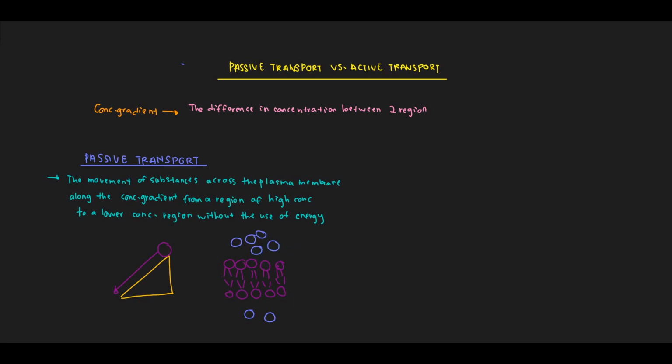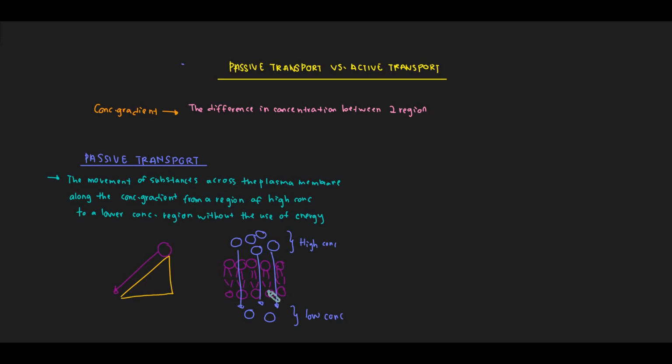So here we would name it high concentration, and here we have the low concentration region. What will happen is that the oxygen molecules will pass through the plasma membrane without the use of energy, similar to the ball in this situation. So it will move down, or along the concentration gradient, without the need of energy through diffusion. So that is passive transport.